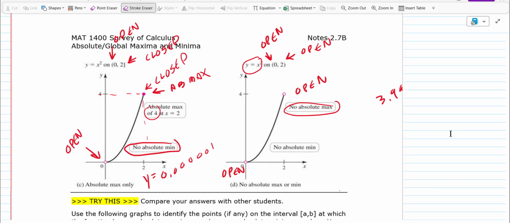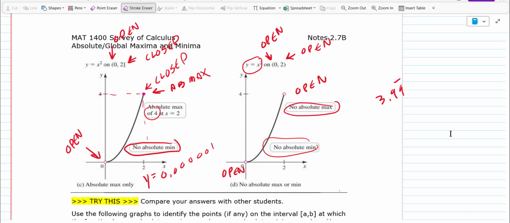It may get to 3.999 forever, but it never hits 4. Okay, you can never find a biggest value of this function. In other words, think of it this way: you can never get the number that's right to the left of 4. There is no number, because the decimals go on forever. So there's neither an absolute max or a min.